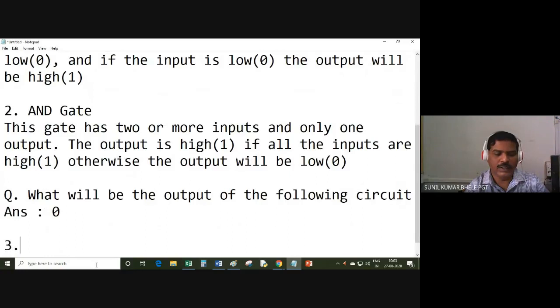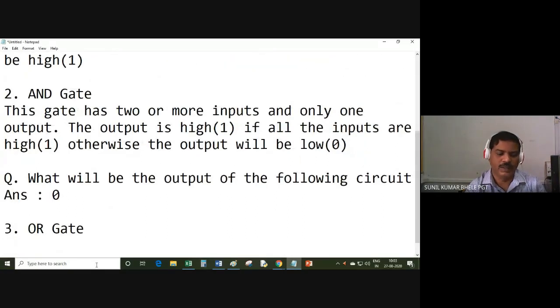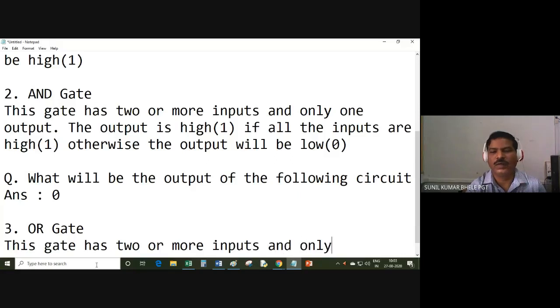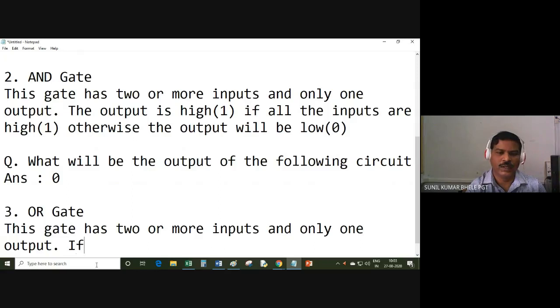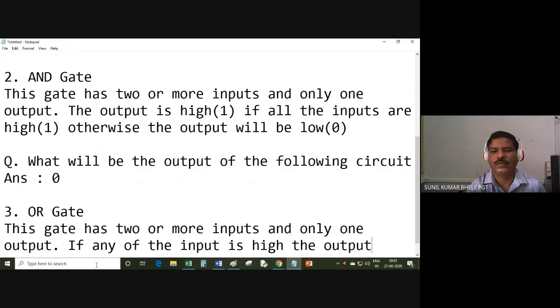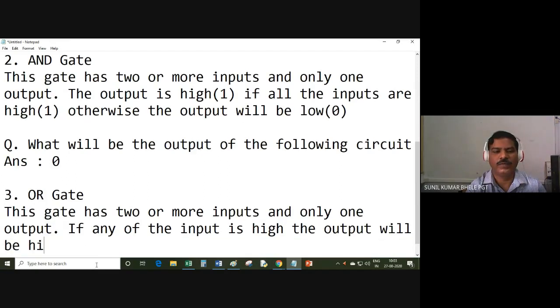Now the third gate is the OR gate. This gate has 2 or more inputs and only one output. If any of the inputs is high, the output will be high.